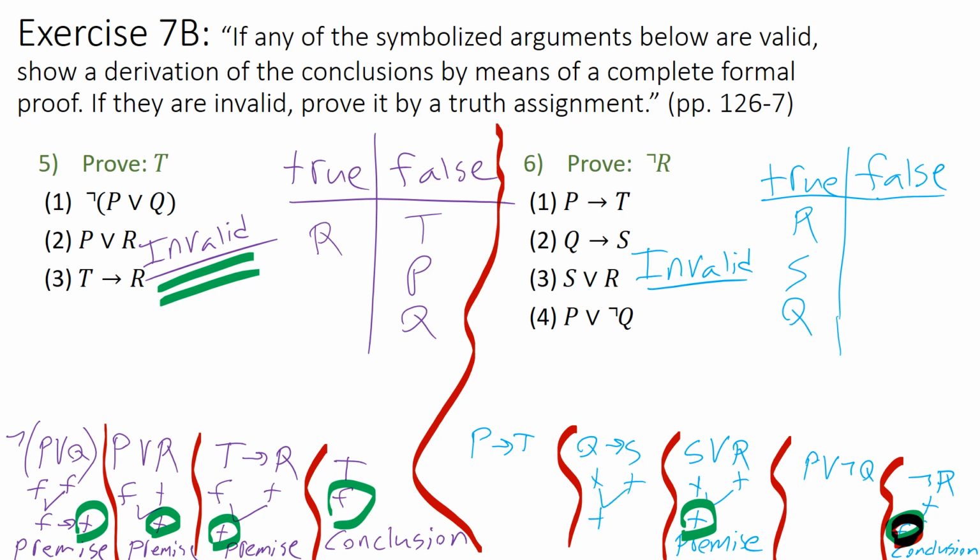So then we still will get a true premise. If we look at the fourth premise, we're saying Q is true, but it's been negated, so we have false. So P will have to be true. We get a true premise.